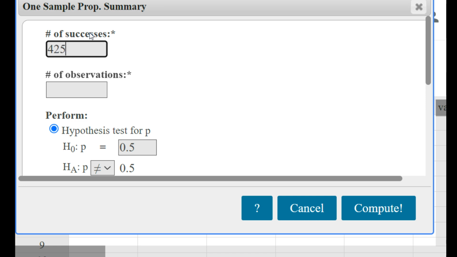So there were 425 boy births, out of how many total births, 858. So you can already see that it's going to compute a p hat given those two numbers. It already knows n, because n is 858. So right there, it's going to have that standard error.